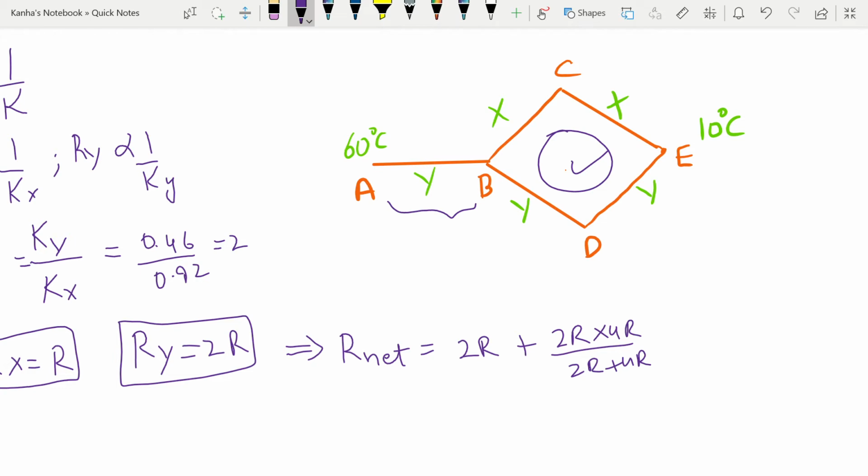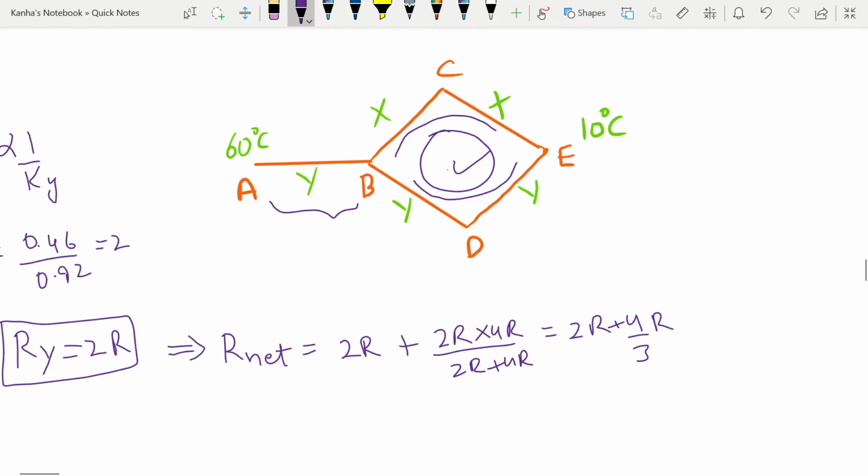Because the upper section gives me 2R, the lower section gives me 4R. This is nothing but 2R plus 4 by 3 into R, which is nothing but 10 by 3 into R.